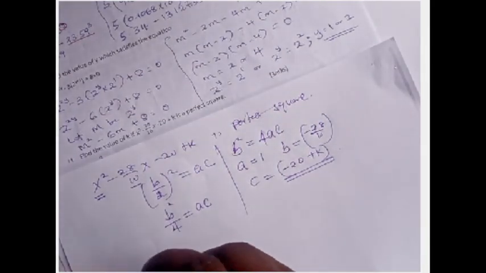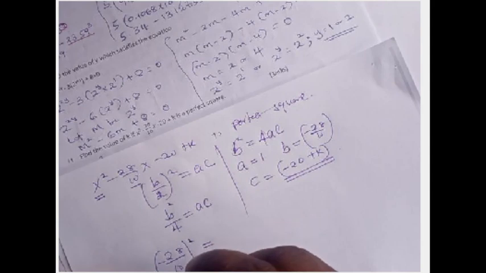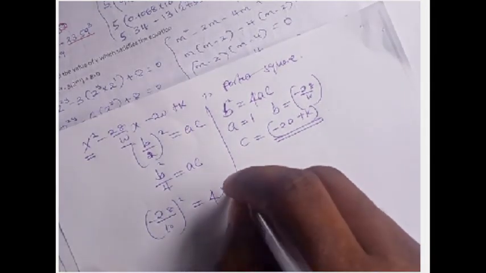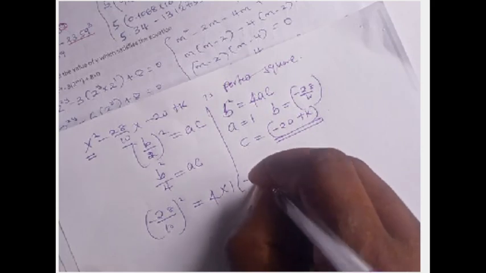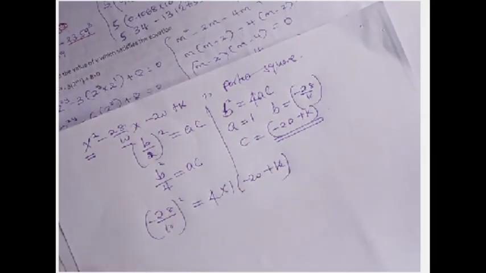So substituting the formula, b squared, 28 over 10 squared is equals to 4 times a, which is 1, times c, which is negative 20 plus k.